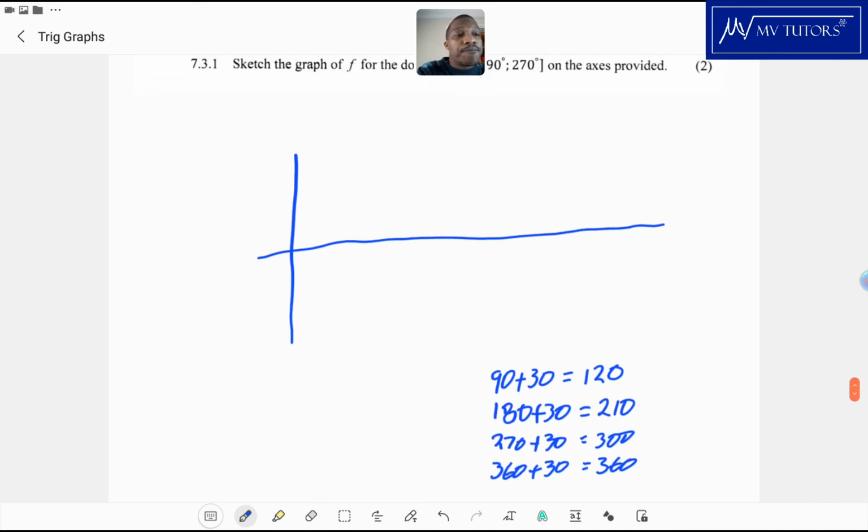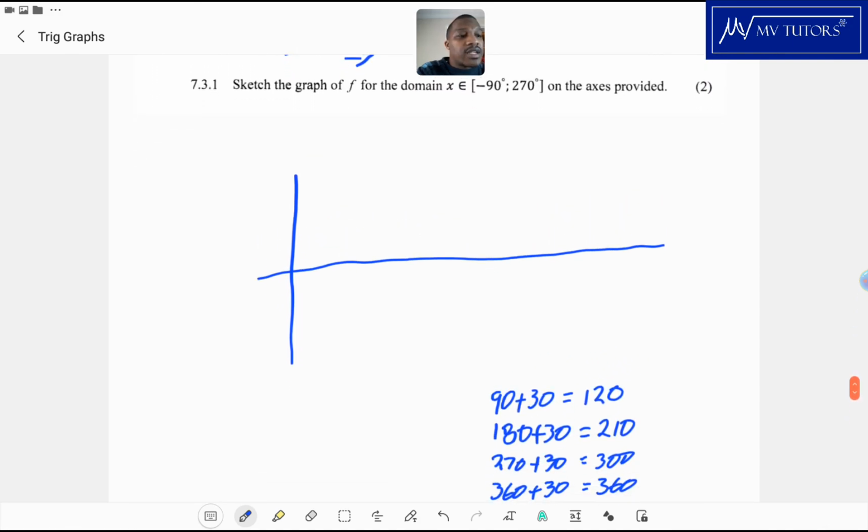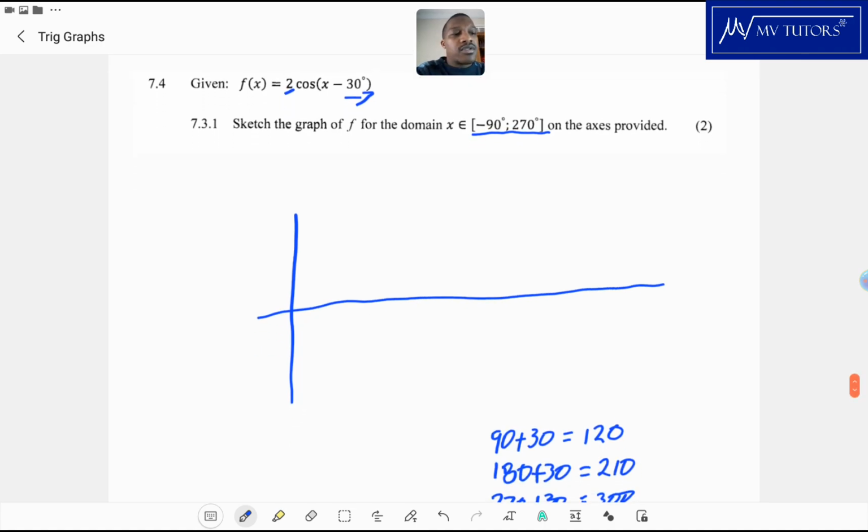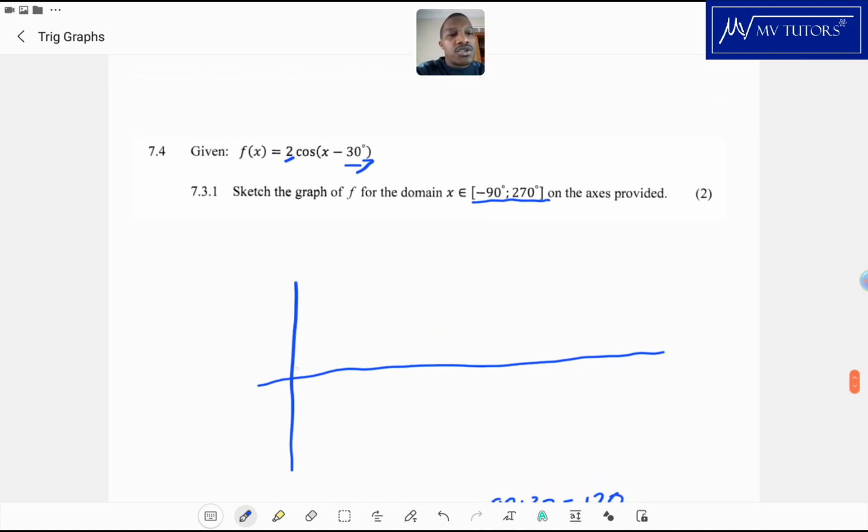Now, I want you to pay close attention to the bounds that we've been given. They say we must draw it from minus 90 to 270. Okay, now I want us to take this slowly. So let's start with the original graph so that things are clear.